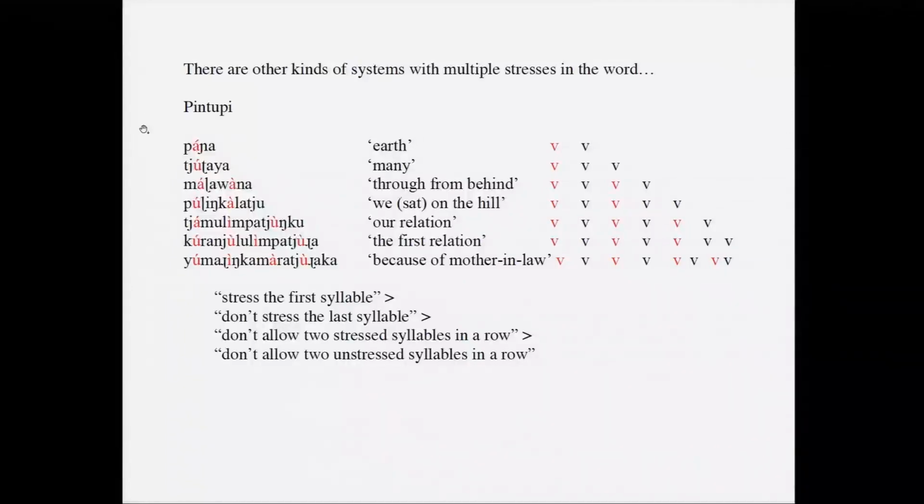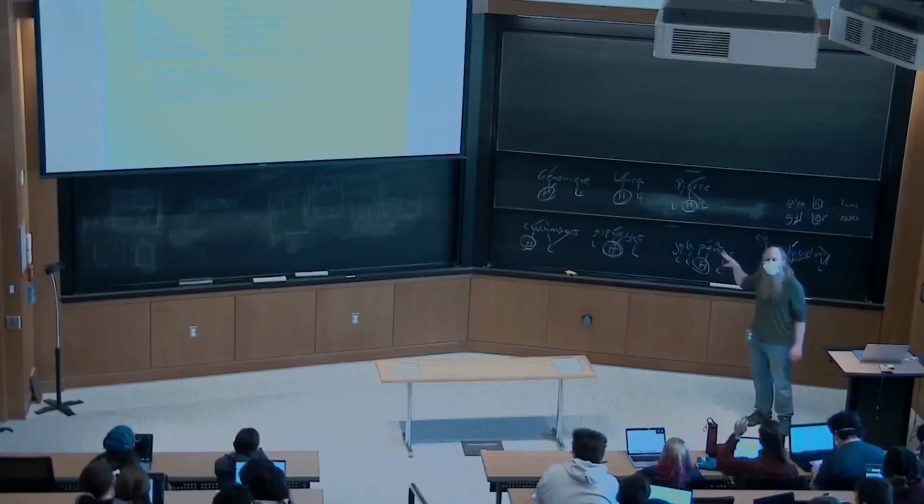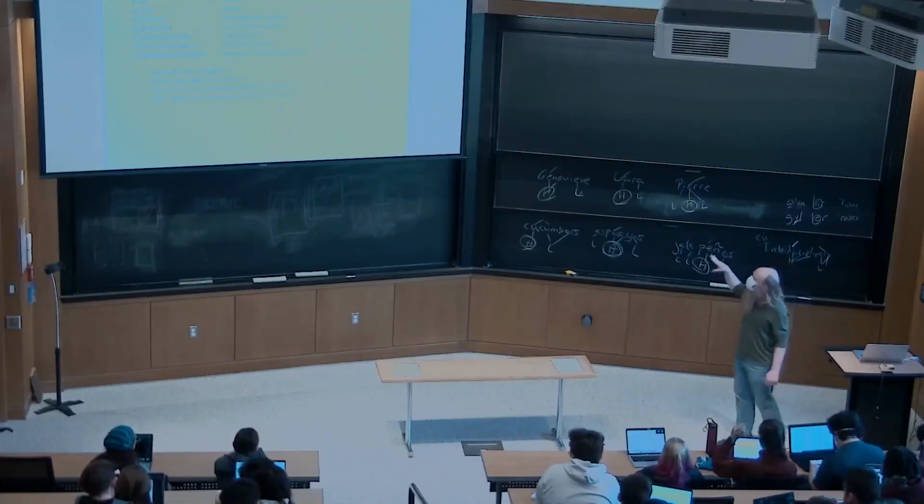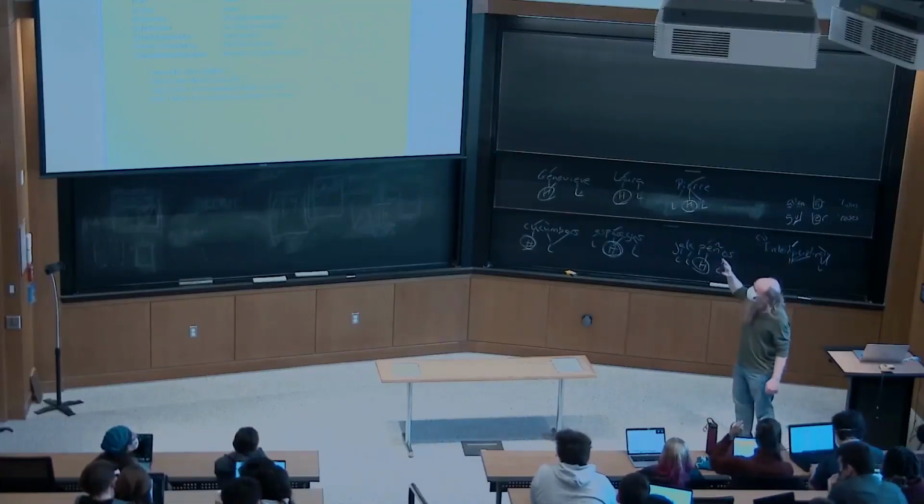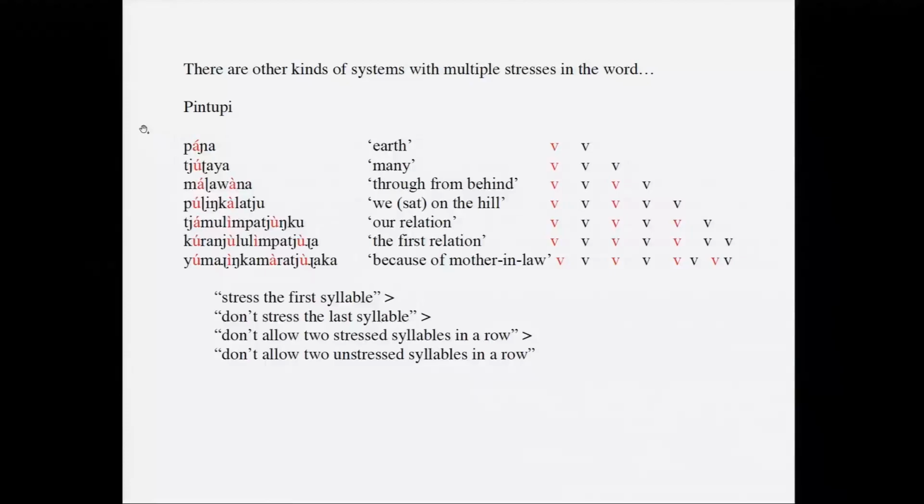But the last one, don't allow two unstressed syllables in a row, you achieve that in the words that have an even number of syllables, but not the ones that have an odd number of syllables. If there's an odd number of syllables, like in the second word there that has 3 syllables, you only stress the first syllable, and you put up with the fact that it ends in 2 unstressed syllables, because there's no way to avoid that, while also satisfying these higher ranking constraints, like don't stress the last syllable, and don't have 2 stressed syllables in a row.